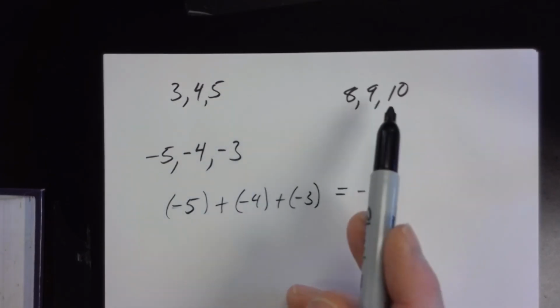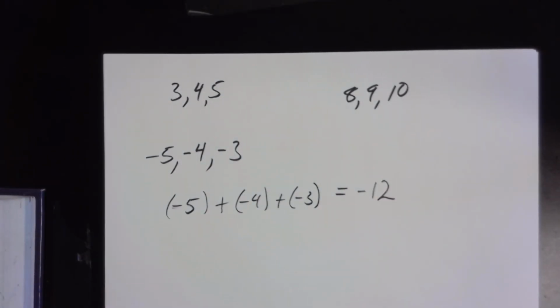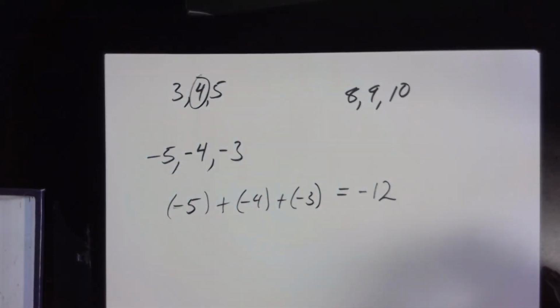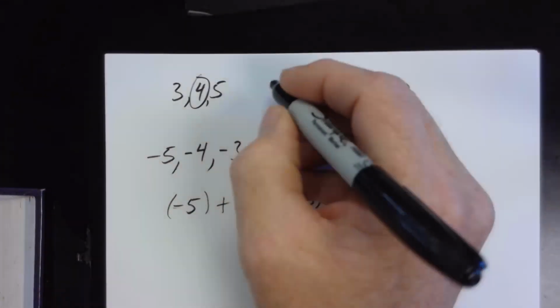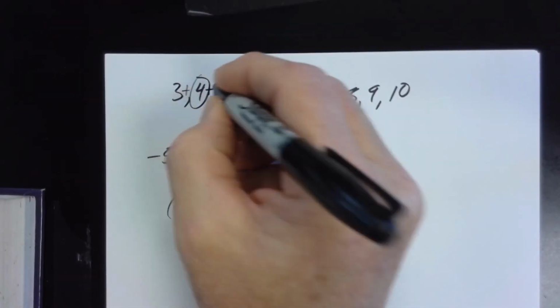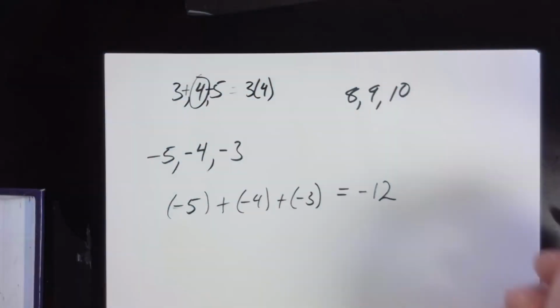Could you say that the sum is the second number added? The sum is the second number times 3? Ooh. What the heck? Is the sum here 3 times 4?